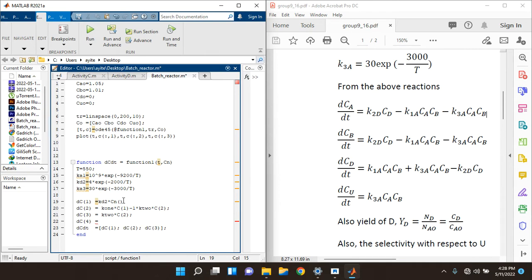CD is 3, so the third one, and then minus K1A, which is our Ka1. Going to copy and bring it here, times CACB. So our CA is Cn1 times Cn2, and then minus K3A, which is here.